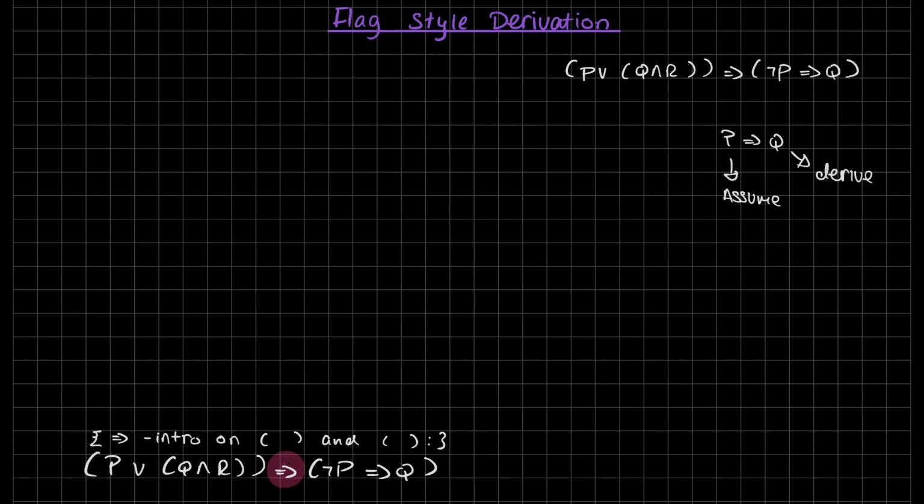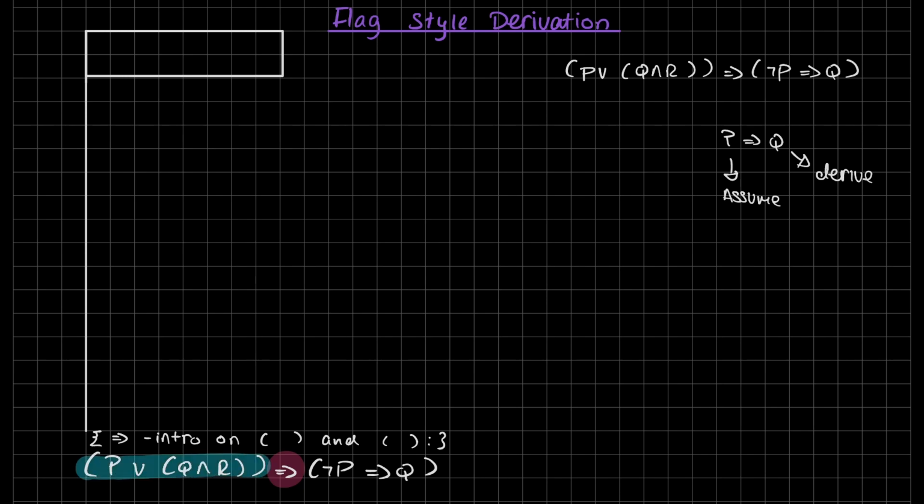Then we're going to draw our flag, and the flag goes until here. We said we're assuming the left-hand side, and the left-hand side is all of this in blue. So let's put it there. This is our assumption: P or (Q and R).